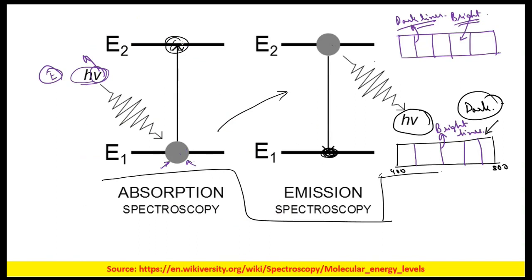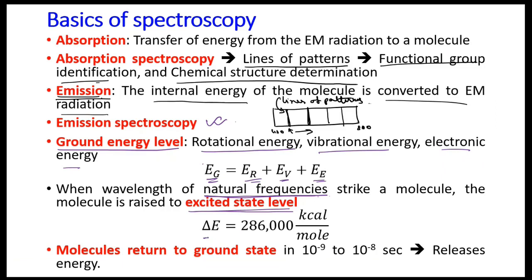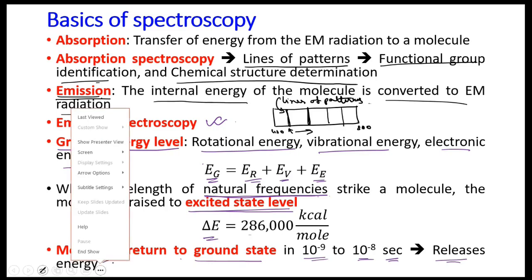Okay. So the delta E over here has been found to be 286,000 kilocal per mole. Molecules in general return to the ground state within a time of 10 to the power minus 9 to 10 to the power minus 8 seconds, and while doing so they release their energy. Okay.